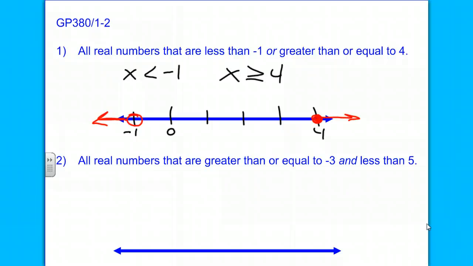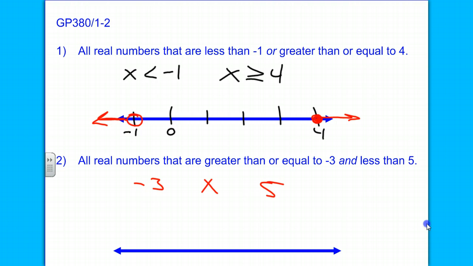So, who can write that inequality for us? Nick. It's -3. So you put the -3 on one end and put the 5 on the other end with your variable in the middle. Good. And now tell me the signs.